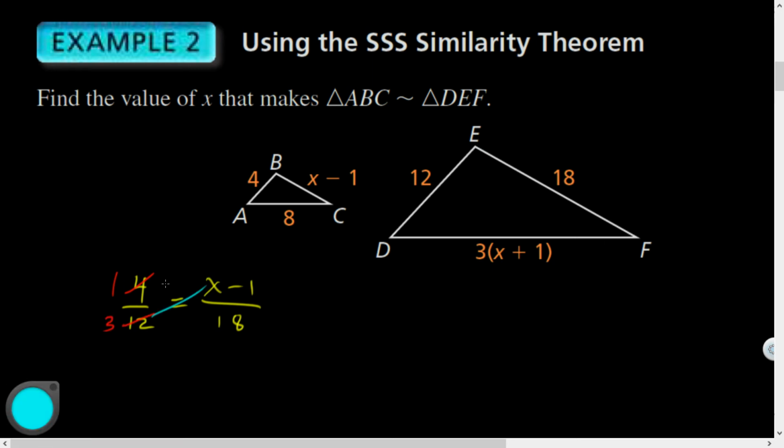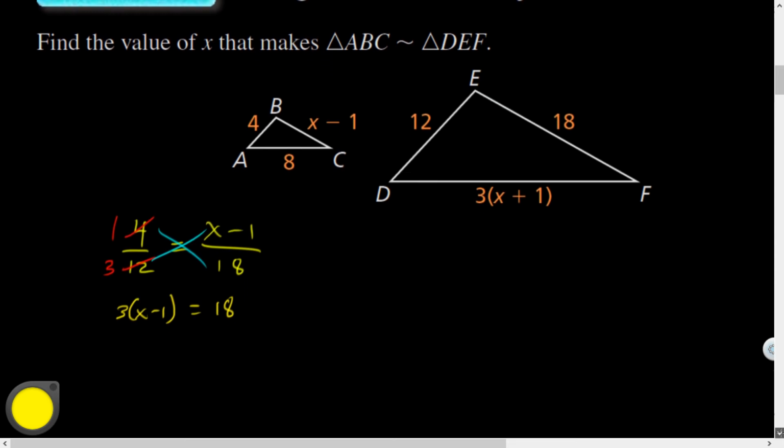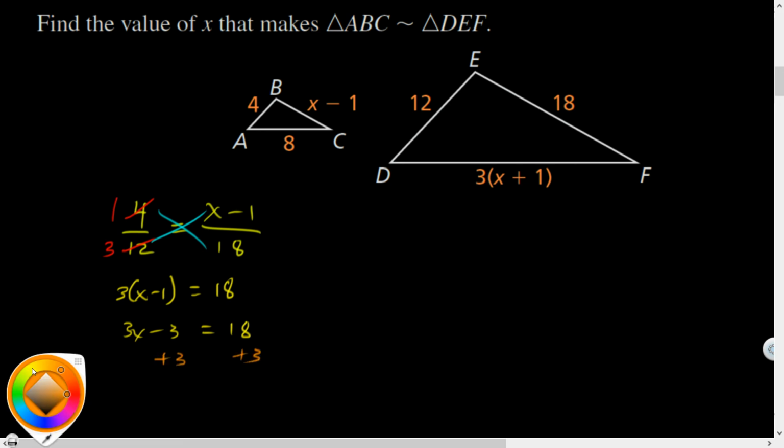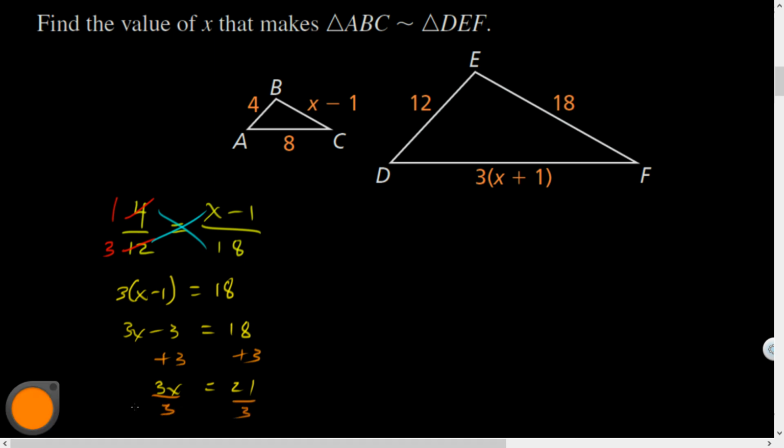And then I can cross multiply. So I'm going to have 3 times, parentheses, x minus 1 is equal to 1 times 18. So 3x minus 3 equals 18. So 3x equals 21, and then divide by 3, and I get x equals 7.